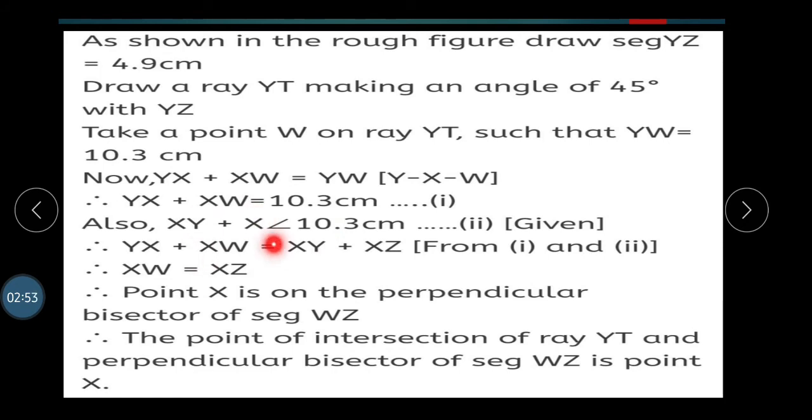What is remaining? XW is equal to XZ. Therefore, point X is on the perpendicular bisector of WZ. Therefore, the point of intersection of ray YT and perpendicular bisector of seg WZ is point X.